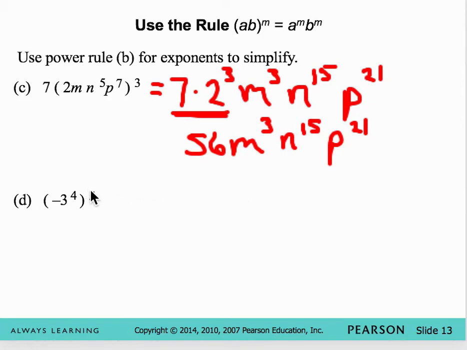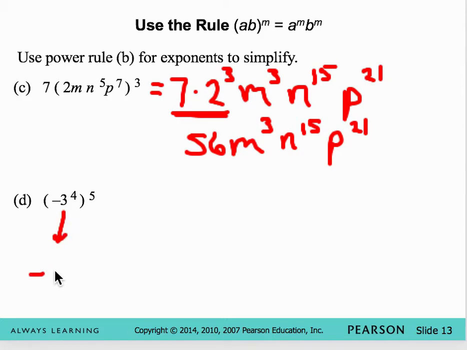So I don't believe they're going to make you multiply 3 times itself 20 times, so they'll probably let you leave that as a 20. But I got a negative here. This even exponent has nothing to do with that negative, right? If I didn't have this parentheses and that other exponent, this would be negative 3 times 3 times 3 times 3, or negative 81.